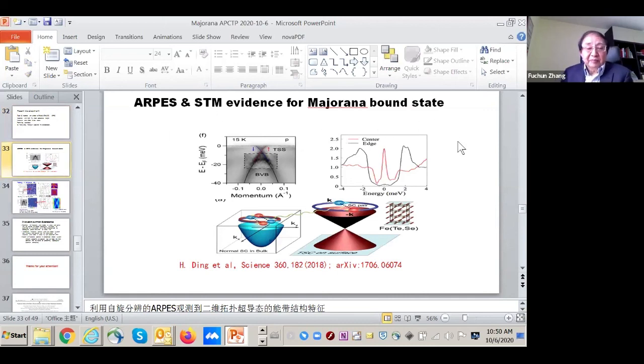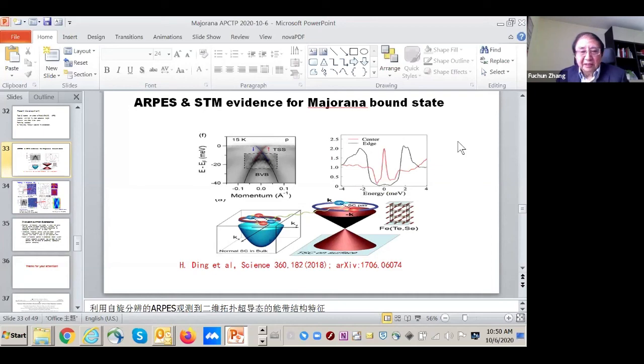Yes, the iron-based superconductor was discovered in 2008. And people did not pay attention to its possible topological nature. But actually, iron-based superconductors are multiple band, multiple orbital materials, different from the high Tc cuprate.